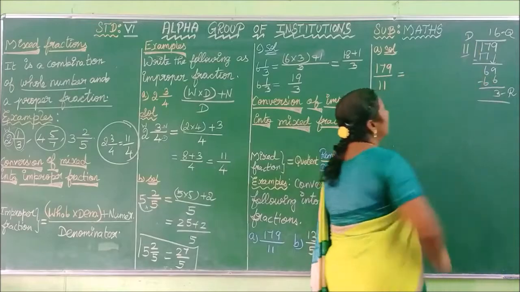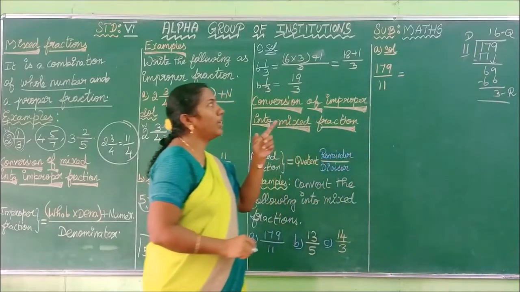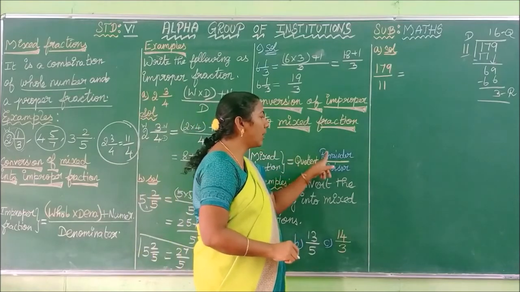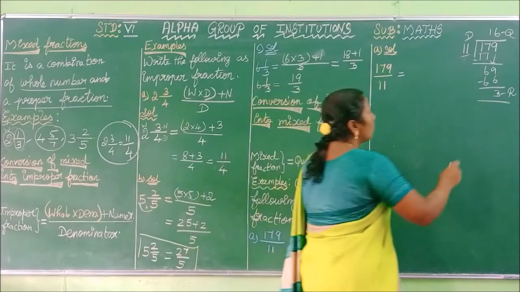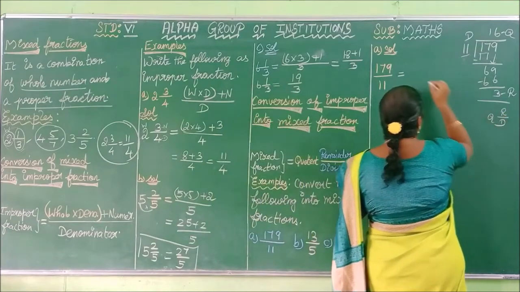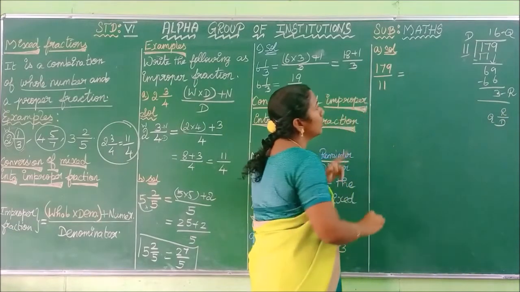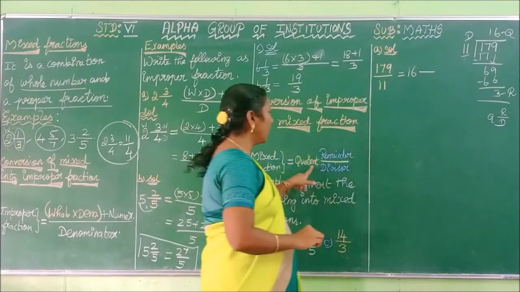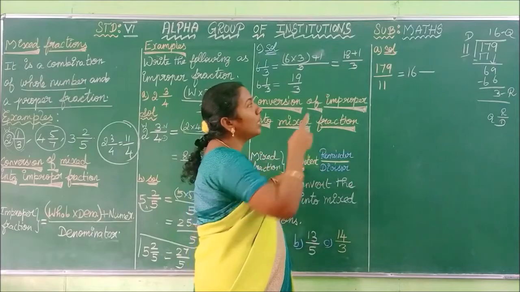Now we are going to convert this improper into a mixed fraction. How can you convert? Quotient remainder by divisor. So what is the quotient here? Quotient is 16. So here you have to write the whole part. You have to use the quotient.